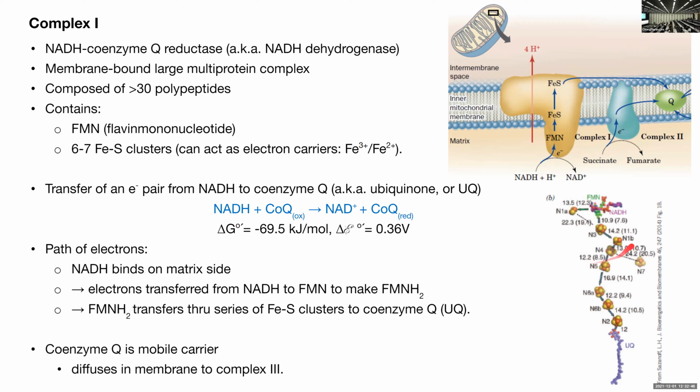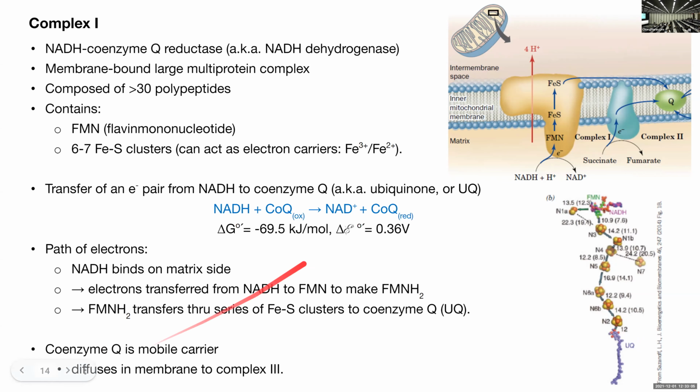The electron is transferred from FMN to the iron-sulfur clusters, the 6 or 7 little clusters here, and ends up handed on to coenzyme Q, which is UQ right here.